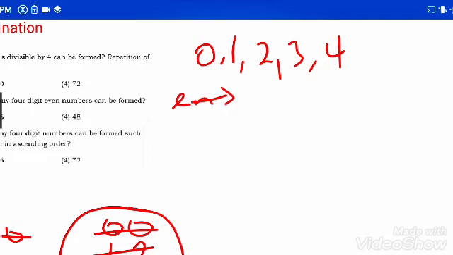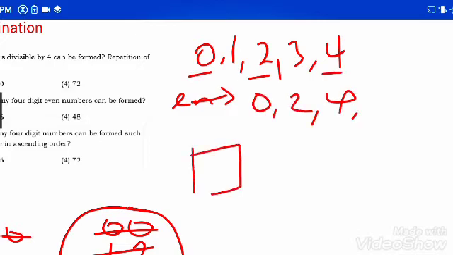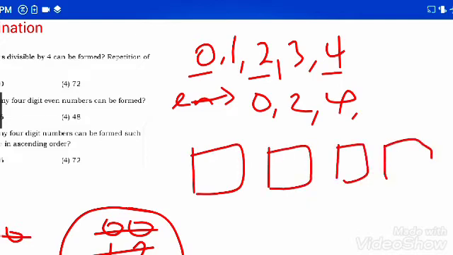Now let's bring out the even digits in the question: 0, 2, and 4. So the last digit must be filled by any of those 3 numbers. Now the question says repetition is not allowed.